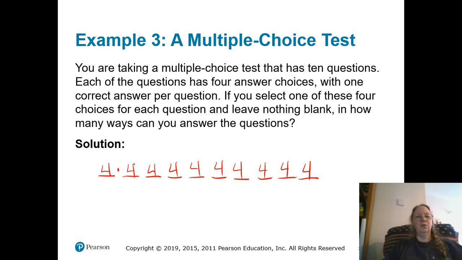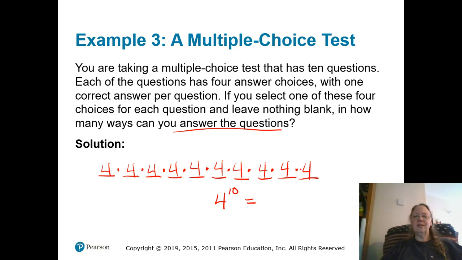So in order to figure out the total number of ways you can answer these questions, you would multiply all of these together. There is a shortcut for repeated multiplication, and that is exponents. Notice we have 10 of these. Again, I'm going to go to the next slide to see what the actual number is.